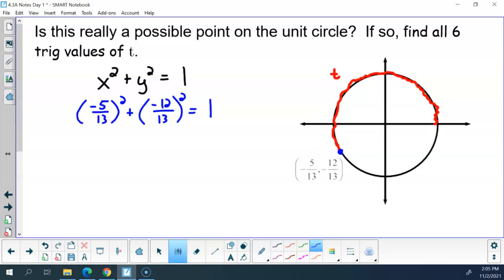Negative 5 squared. 25. 13 squared. 169. 12 squared. 144.